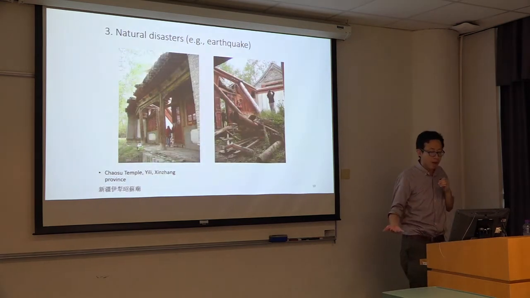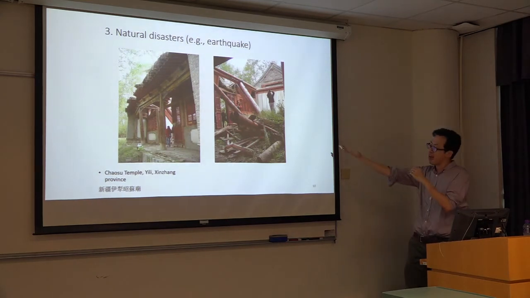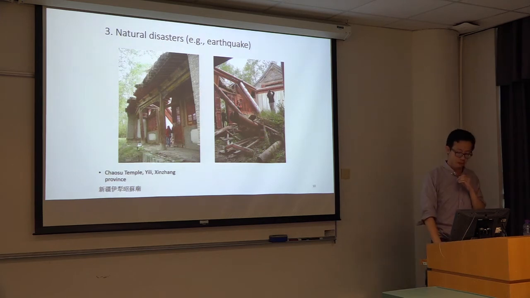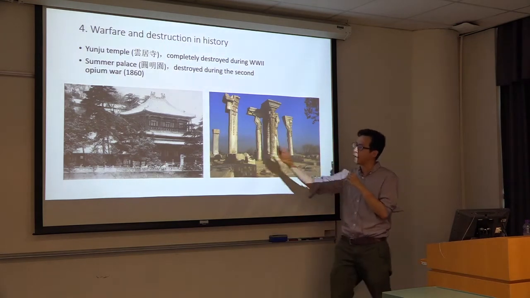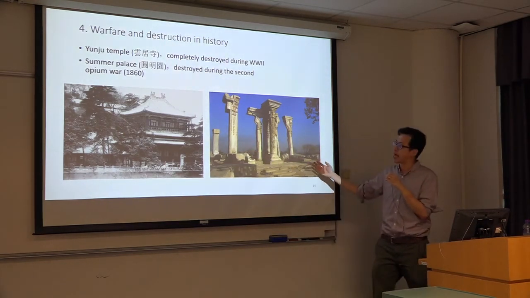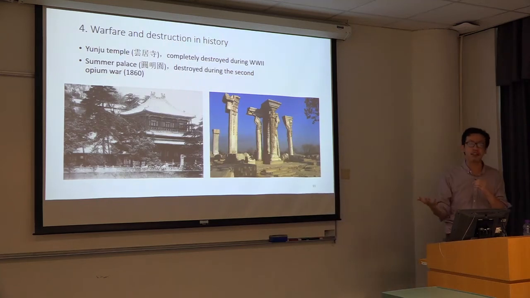And then we have earthquakes in China almost every year, and houses, especially wood houses, will just collapse when we have a huge earthquake. And also we have warfare in different periods. For instance, the Summer Palace in Beijing was basically destroyed completely during warfare.